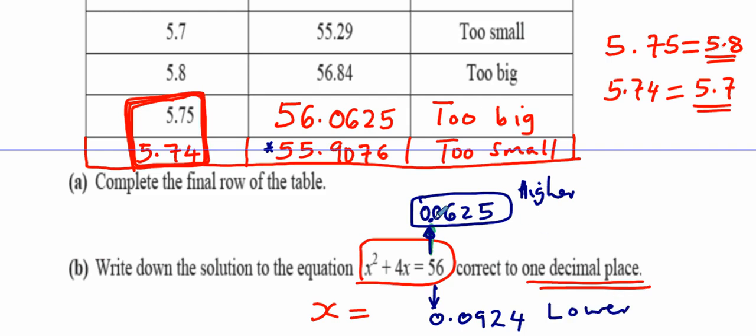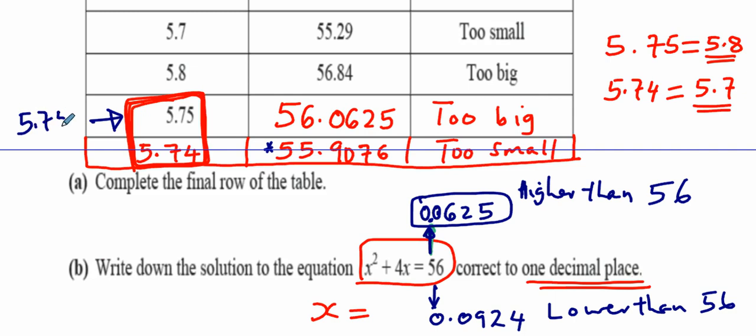So we go for this one, 5.75. When we correct that to one decimal place, the answer will be 5.8.